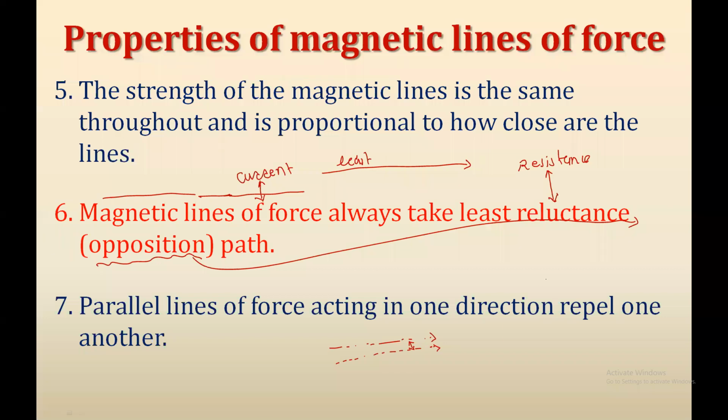This property is very important to understand the next concept, where we will use it. So please remember that if the magnetic lines of force are parallel to one another and acting in one direction, they never cross each other. So if they are parallel to one another, they always try to have repulsion between them. So these are the 7 properties of the magnetic lines of force.